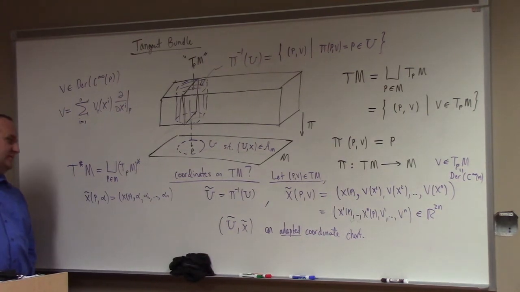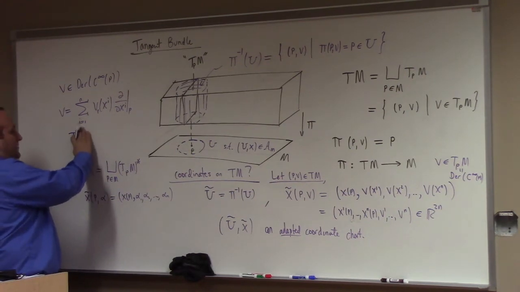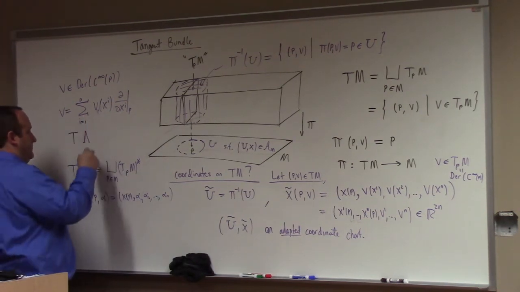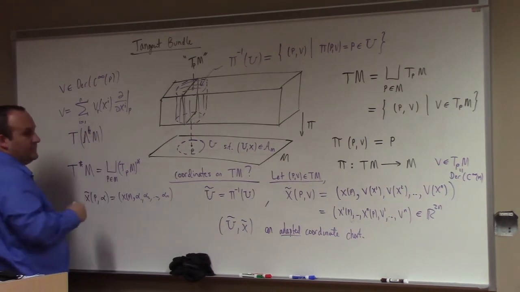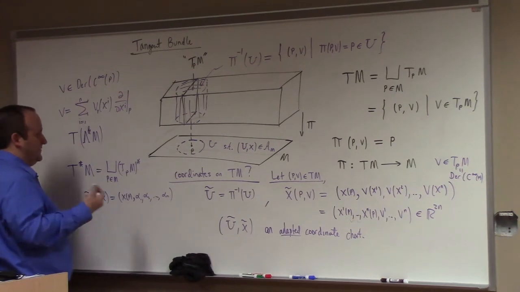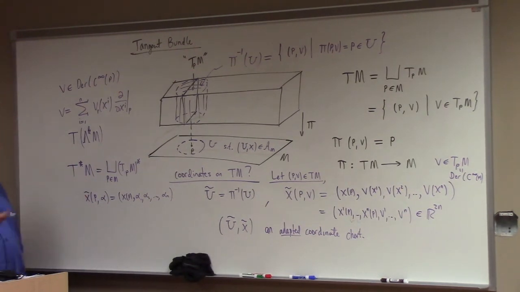And if you see what we did here, you won't be surprised when I tell you that you could just as well build the bundle for, say, K-forms. What would you do? You would just think about the disjoint union of K-forms at each point, and you'd use the adapted coordinate system.